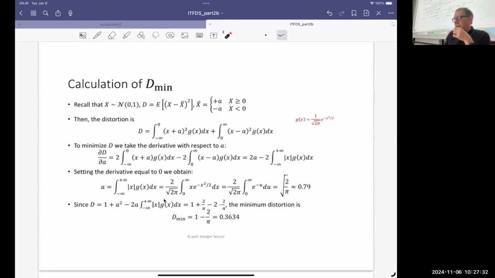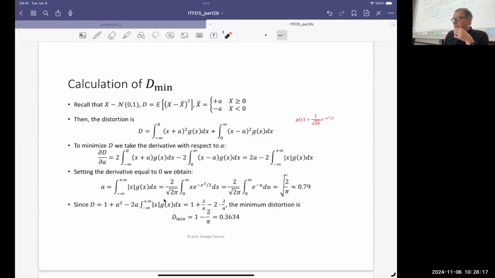When x is positive, x hat is plus a, so x minus x hat is x minus a. And in both cases, we add the square because the distortion is defined as the average of the mean square error, of the square difference between the random variable and its quantized value. In both cases, we multiply by g of x before integrating, because g of x is the probability density function of our Gaussian random variable.